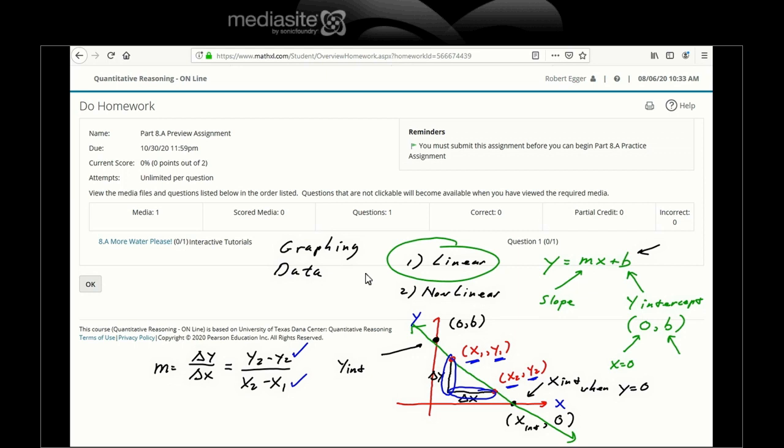We're going to be dealing with linear equations for the most part. Linear equations I can write as y equals mx plus b, where m is the slope and b is the y-intercept, where here is b.